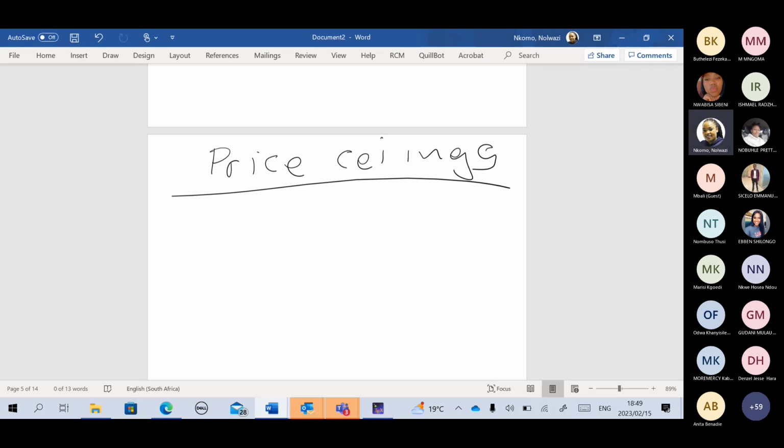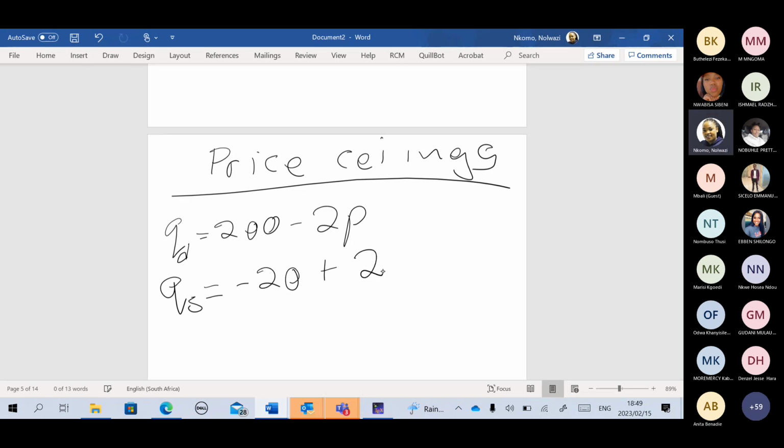For example, let me do the one on the study guide. Suppose we are given the demand and supply functions for any given good as quantity demanded equals minus 2p, and quantity supplied is equal to minus 20 plus 2p.